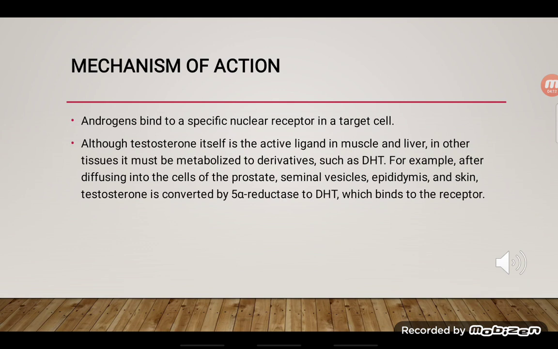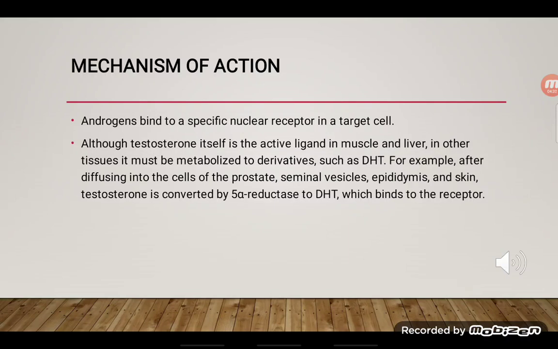Androgens, to produce their effects, bind to specific nuclear receptors in their target cells.